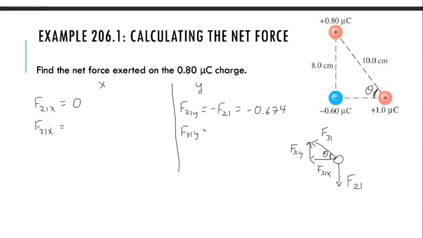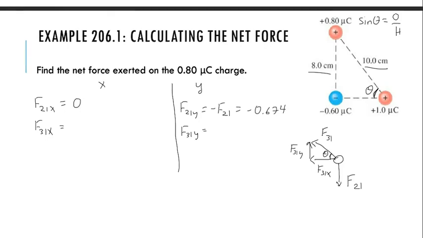Let's call it theta. So if we're trying to find theta, and we know that the side opposite of theta is 8 centimeters, and the hypotenuse is 10 centimeters. We know that the sine of an angle is equal to the opposite over the hypotenuse.